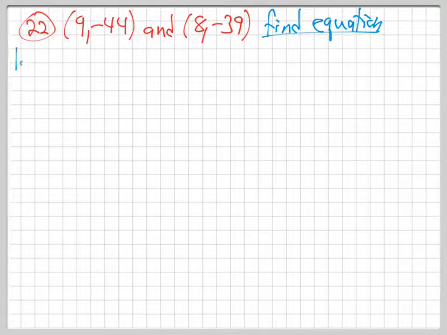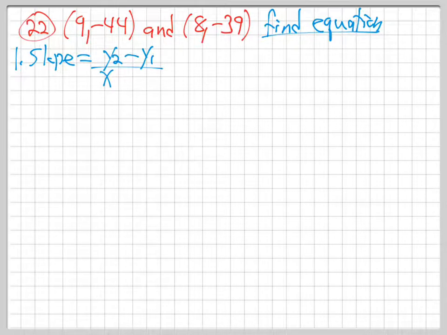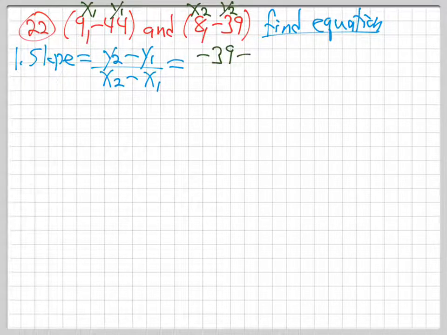All right, so step 1 is to find the slope. You begin by finding the slope, which is, again, y2 minus y1 over x2 minus x1. So this is x1, y1, x2, y2. So y2 minus 39 minus y1 minus 44 over x2, 8 minus x1, 9.